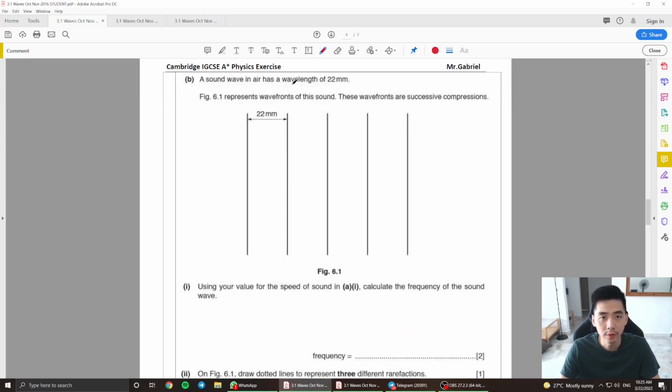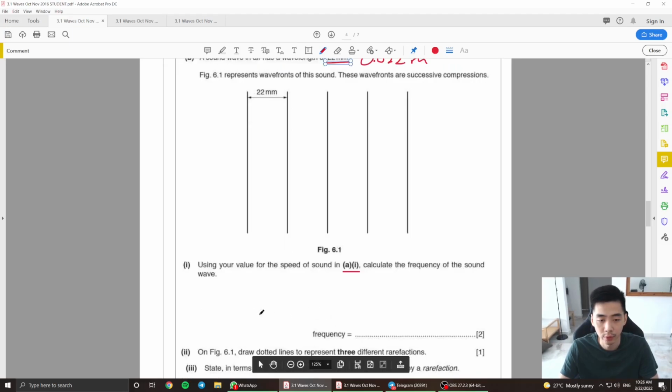A sound wave in air has a wavelength of 22 millimeters, which is essentially 0.022 meters. Always change it into standard units. Using a value in A1, calculate the frequency of sound in the air. Now, from here, you have to look for frequency, right?